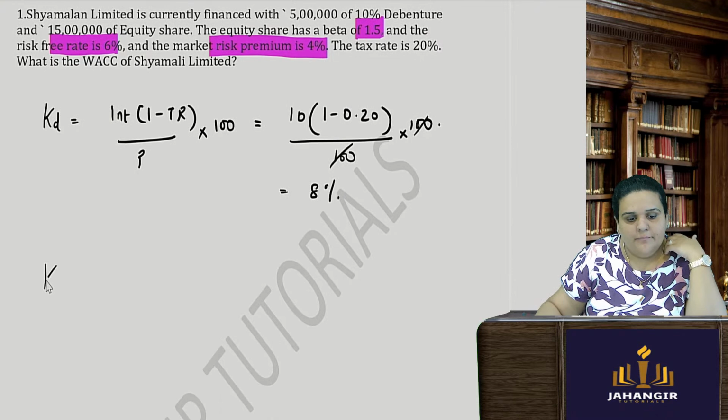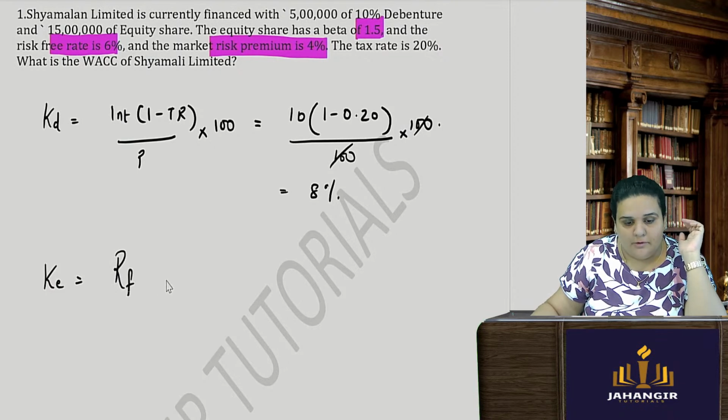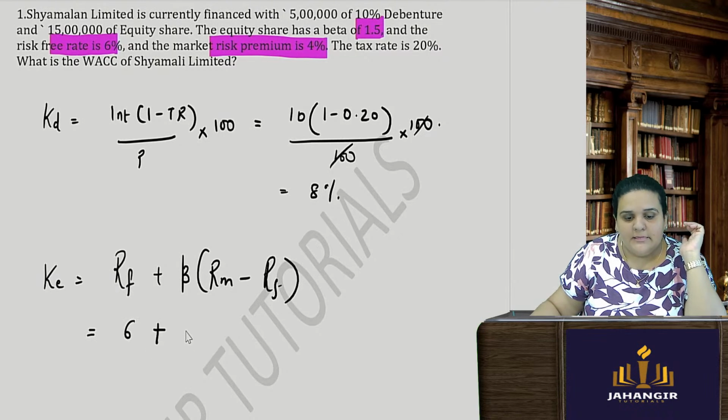Cost of equity, since they have given me the risk-free rate of return, beta, etc., I am going to use the CAPM model. Okay, in order to find this: RM minus RF. Risk-free rate of return, they are telling me it is 6%. Beta is 1.5 times. And market return they have not given me.